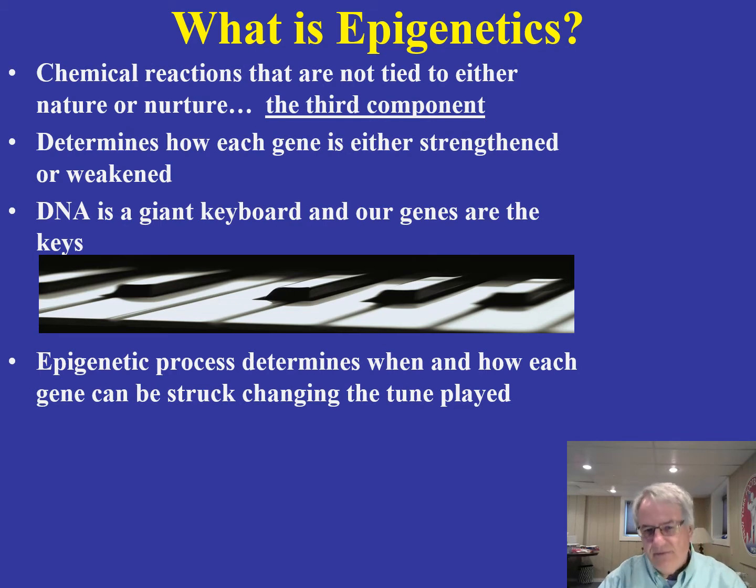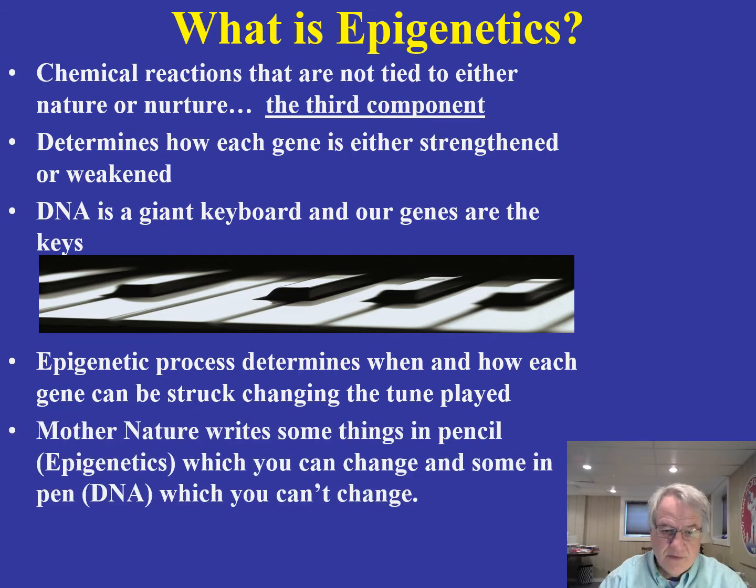So again, think of DNA as this giant keyboard, and think of your genes as being the keys on that DNA keyboard. Nature puts some things in pencil. Again, that can be erased, that can be changed. We call that epigenetics.